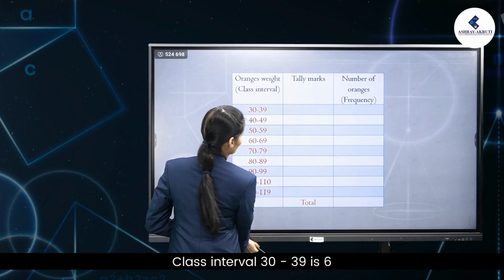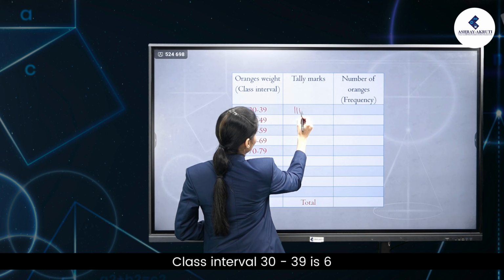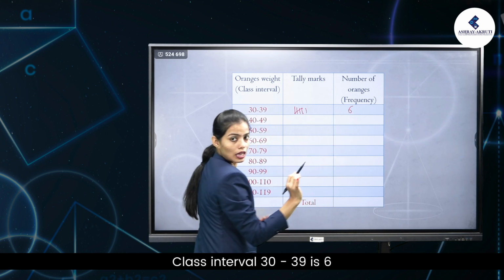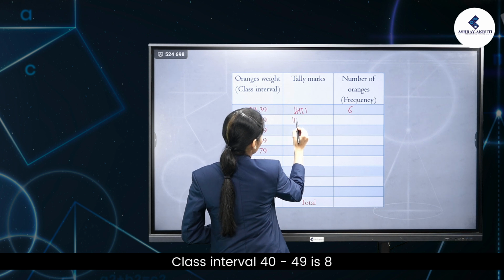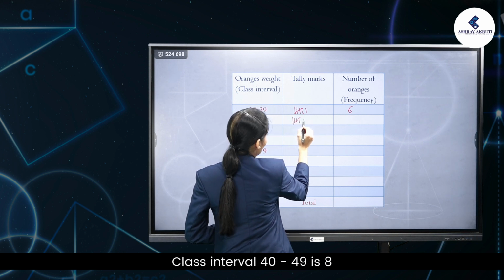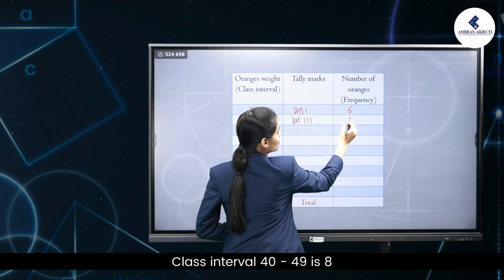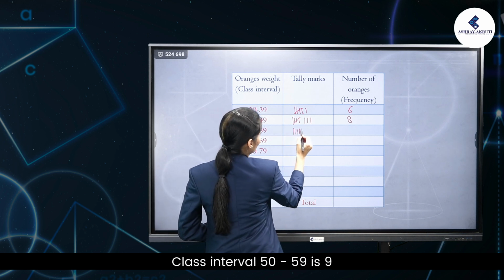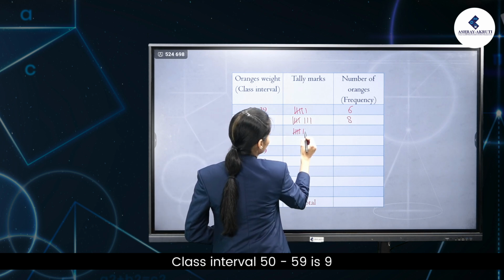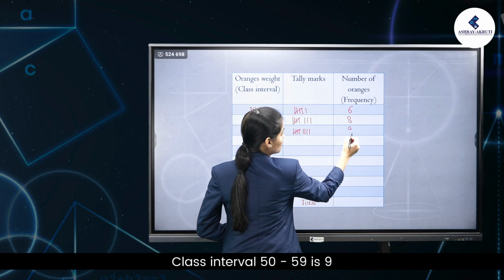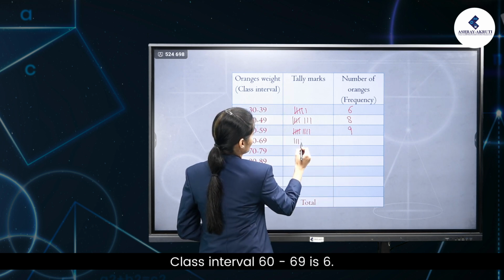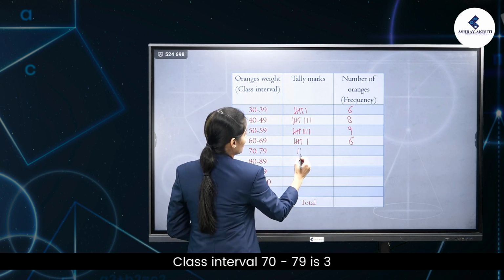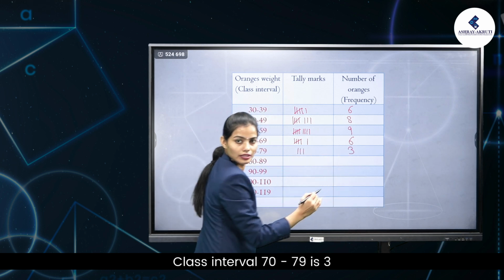Class interval 30 to 39 is 6. Class interval 40 to 49 is 8. Class interval 50 to 59 is 9. Class interval 60 to 69 is 6. Class interval 70 to 79 is 3.